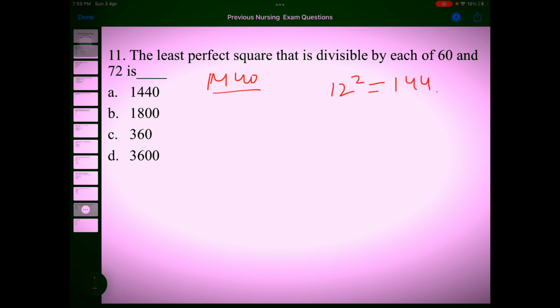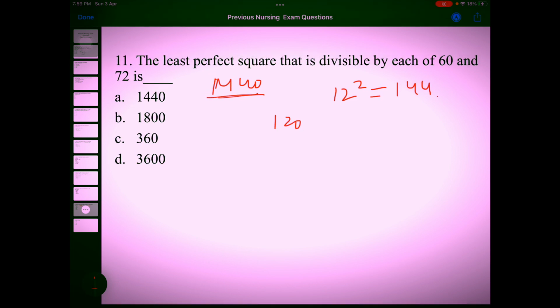But to get a number similar to this, we have to find the square of 120. 120 squared is 14,400. So 1440 is not a square number, and we can eliminate option A.